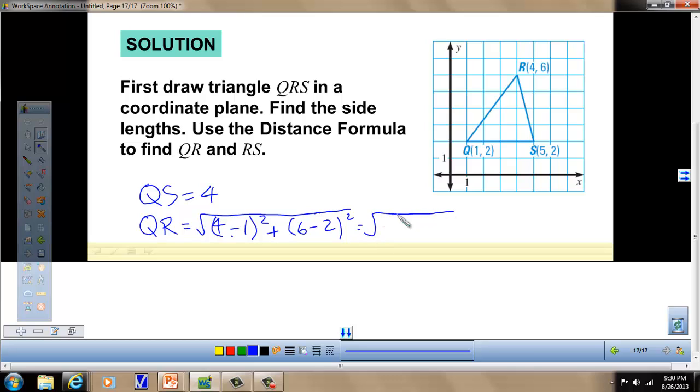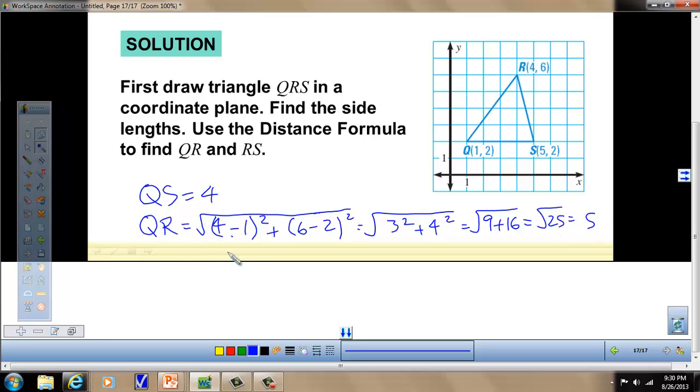And once we do that, we can see that 4 minus 1 gives me 3 squared, 6 minus 2 gives me 4 squared. That's the same as the square root of 9 plus 16, which is the square root of 25, and that's equal to 5.